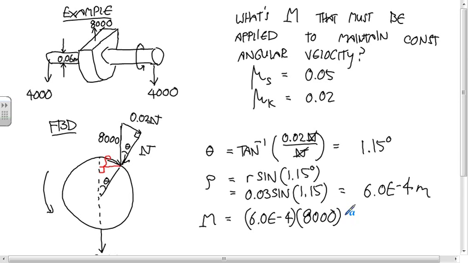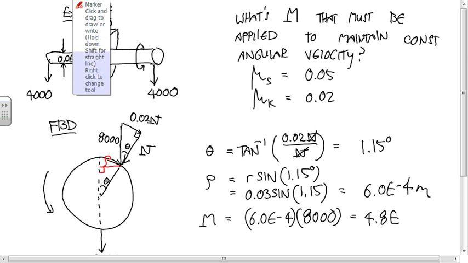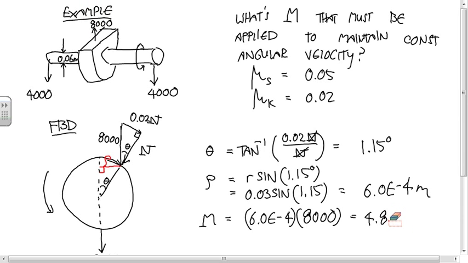And that is 4.8 times 10 to the minus 1, so 4.8 Newton meters.